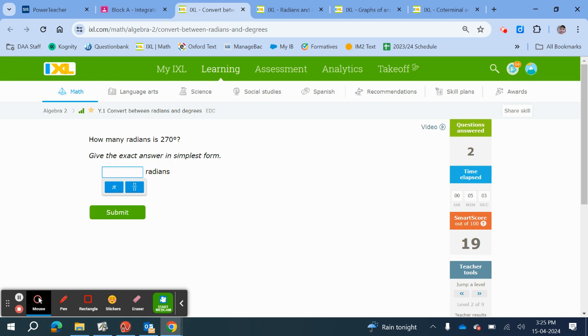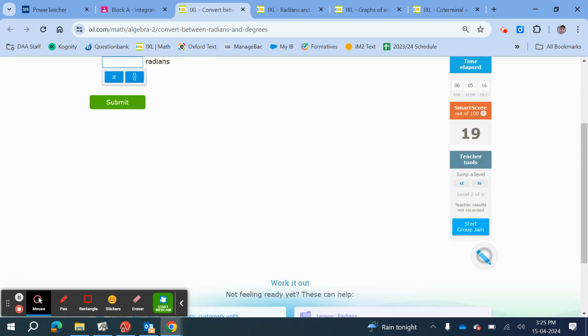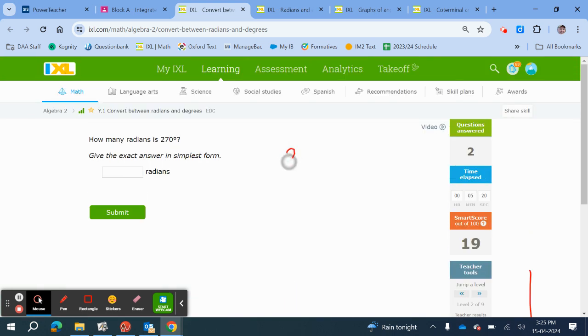When it gets more complicated like this one, it's not too hard. The simplest way of doing it: you've got 270 degrees. Make the degree symbol disappear, so pi goes on the top, and 180 goes on the bottom.